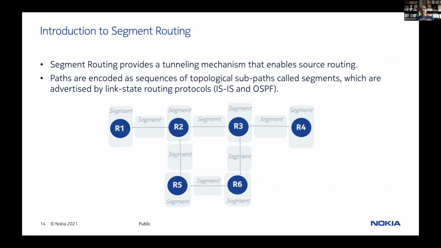That's it. It is a way of building a tunnel. Now, this tunnel can either take the shortest path, or it can be a traffic engineered tunnel where it's taking a non-shortest path in order to satisfy some criteria.